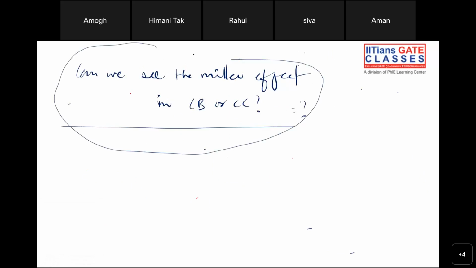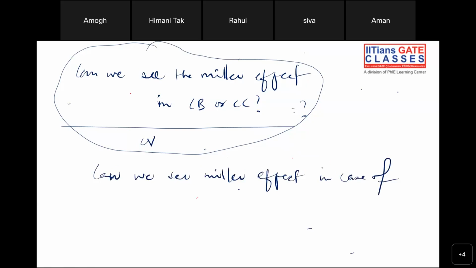Can we see Miller effect in CV or CC, or can we see Miller effect in case of a non-inverting amplifier, non-inverting op amp, you can say?